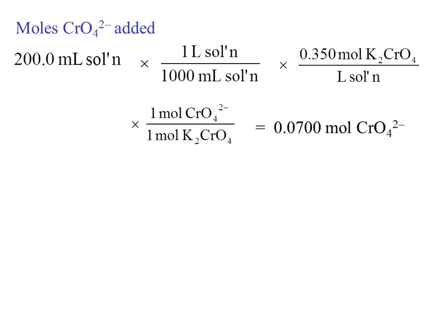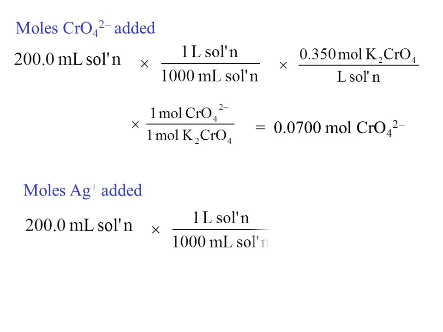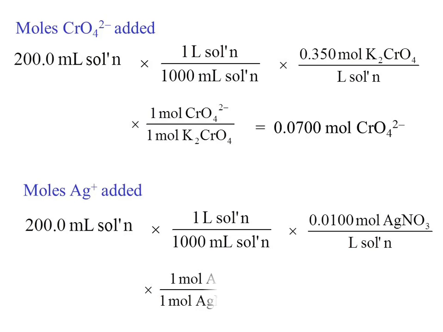Do a similar thing for the moles of silver that came from the silver nitrate. We had 200 milliliters of solution, convert it to liters, use the molarity of the silver nitrate, and recognize that you get 1 mole of silver ion for every 1 mole of silver nitrate. Okay, so the moles of silver are 0.00200 moles.